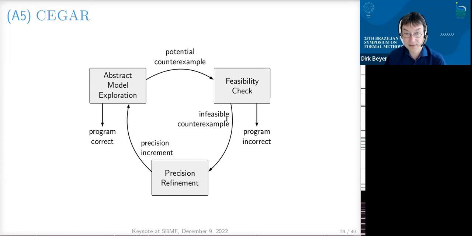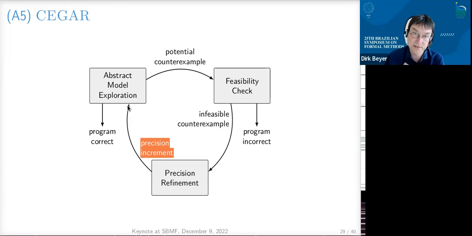But if it is an infeasible counterexample, then we can learn from this infeasible counterexample why we encountered it and can learn facts from it that we can use as precision increment in order to make our abstract model exploration smarter. Right, so this is a refinement of the abstraction that we use.